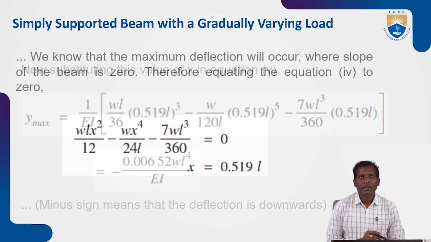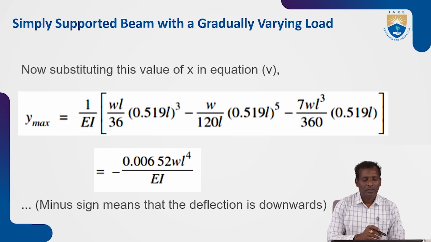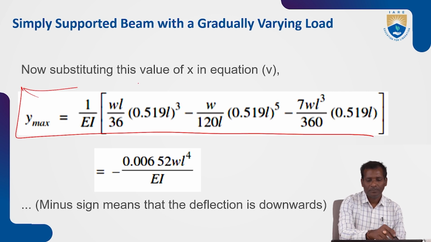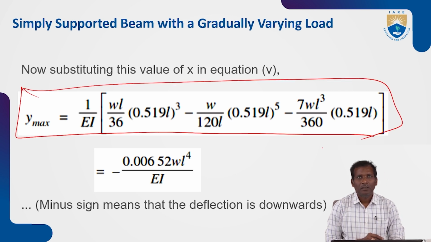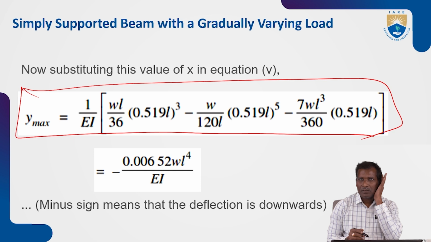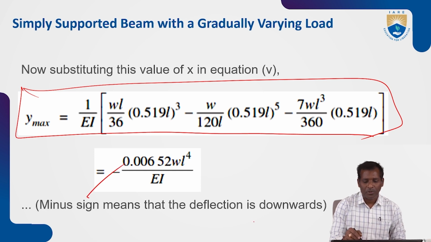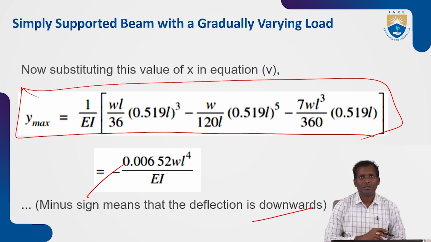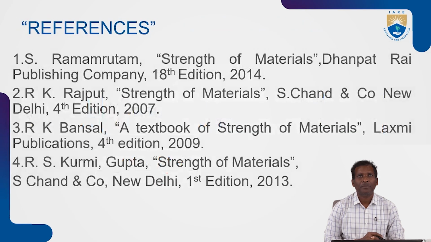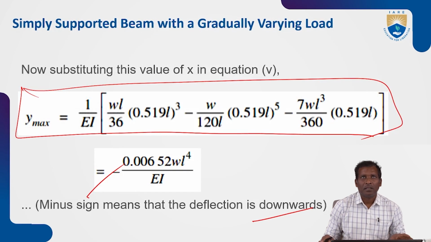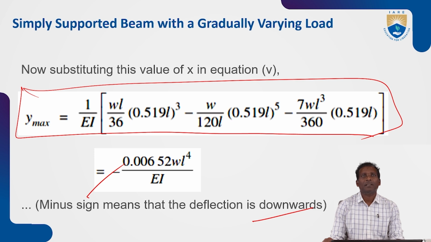So we will get y maximum. After simplification, the deflection we get, the minus sign indicating downwards, is 0.00652 WL to the power of 4 by EI. So like this, we calculate the slope and deflection of various beams when subjected to various loads.